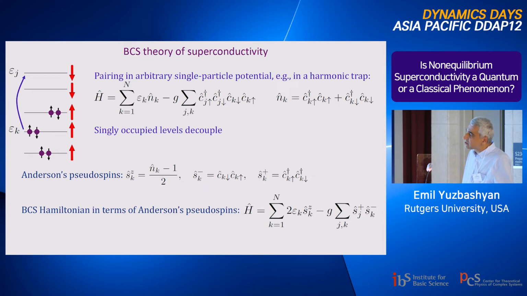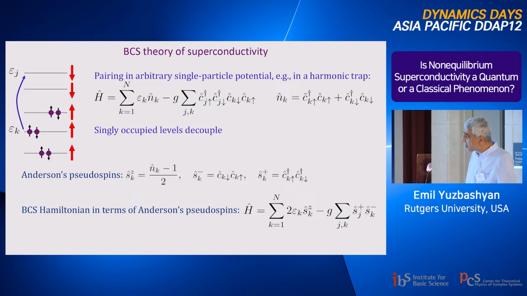And then spin lowering and spin raising operators are pair annihilation and pair creation operators. In terms of Anderson pseudospins, the BCS Hamiltonian takes the form of a spin Hamiltonian with infinite range ferromagnetic interaction in the xy plane and in a homogeneous Zeeman magnetic field along the z-axis.